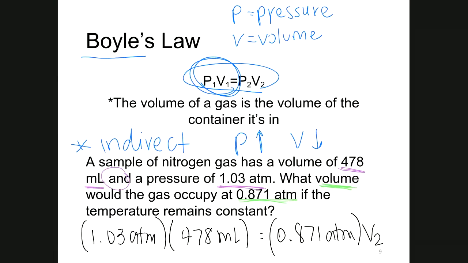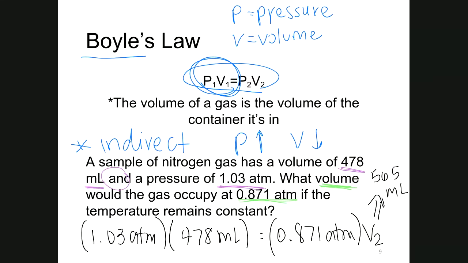So we're going to start by multiplying the 1.03 and the 478. From there, we can divide by 0.871. And so I end up getting as my V2, 565. And so my unit would be milliliters. And so that would be our final answer.